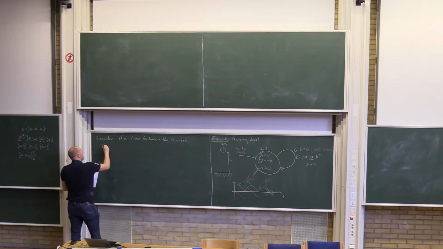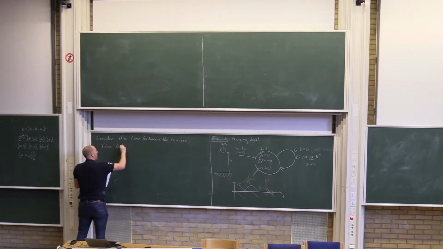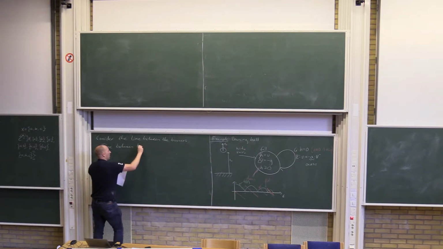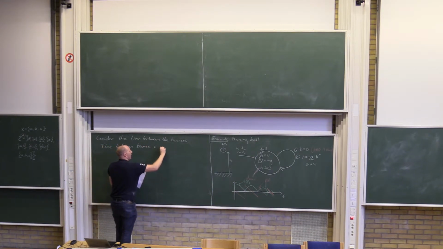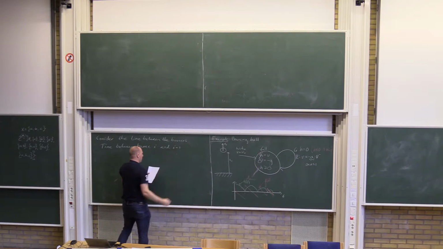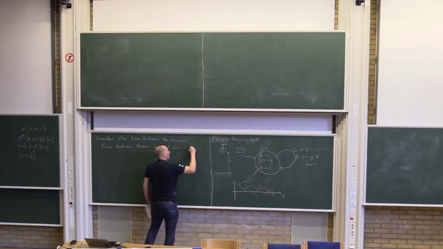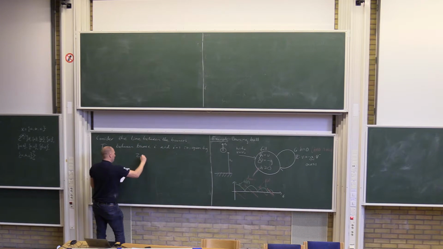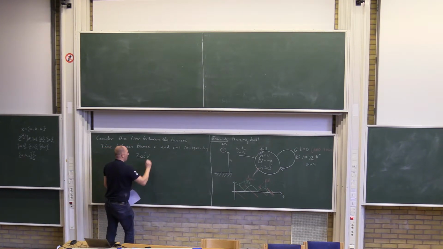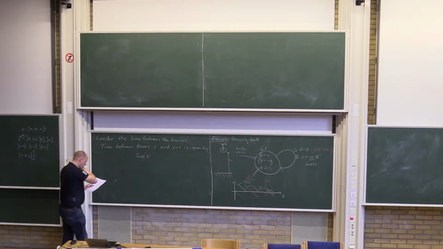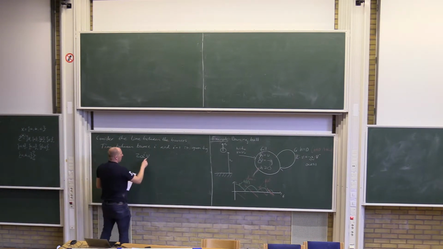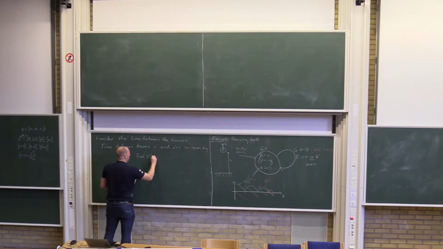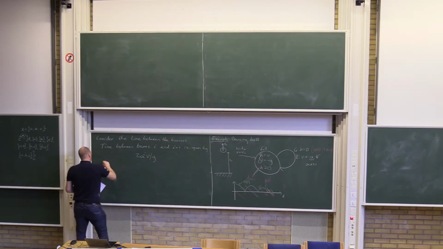The time between bounce i and i plus 1 is given by 2a to the power of i, and then it depends on the velocity of the first bounce, and then the gravity.